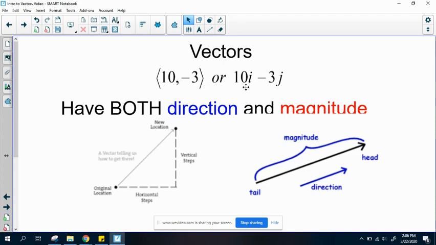Or they can be written as something i and something j. i represents anything in the x direction, and j represents anything in the y direction. So vectors break it down into how far are we moving in the horizontal direction and how far are we moving in the vertical direction. And those of you who are in physics, there's a lot of similarities. So some of this you might already know.